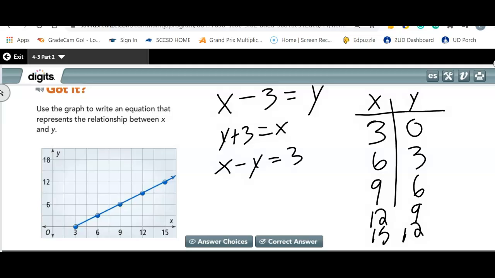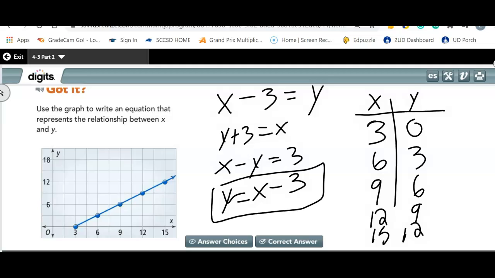Does that work? 3 minus 0 is 3. 6 minus 3 equals 3. 9 minus 6. Yep, that works. Parker? Y equals x minus 3. Good. And that's what we're going to talk about real quick. Review from yesterday of your 8th grade material.